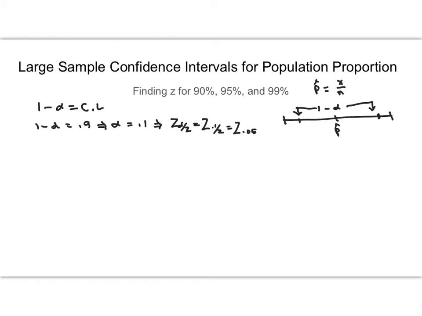To find that, you do inverse norm of 0.05. The z values that go with that are plus or minus 1.645.